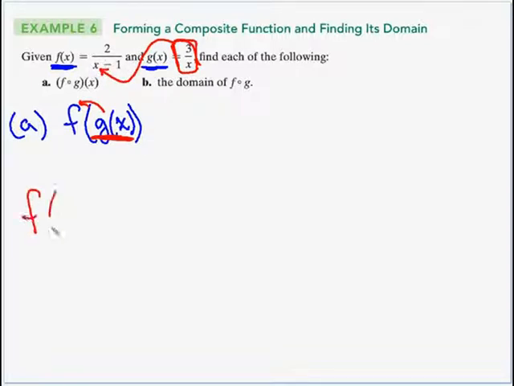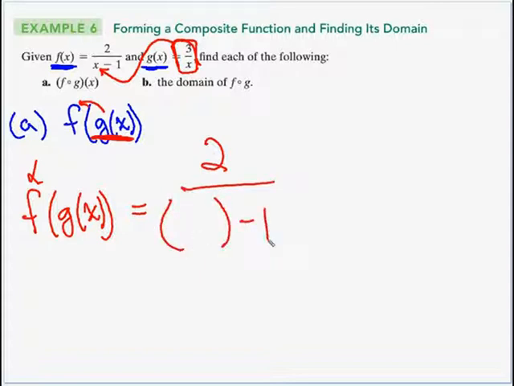So f of g of x. The outer function is f, so I'm going to copy the outer function f, leaving an empty set of parentheses where the x was. 2 over, and it used to have x minus 1. But now that x is gone, and the other function is going in its place. So that becomes a 3 over x.